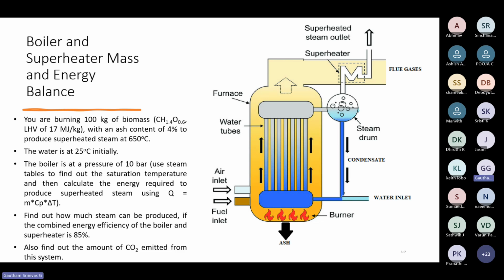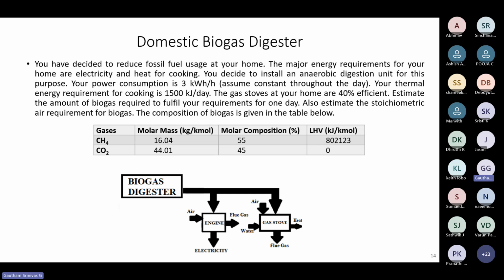We'll do this one. So you have decided to reduce fossil fuel usage at your home. You need electricity for your home and heat. These are your major energy requirements. So you decide to install an anaerobic digestion unit for this purpose. Your power consumption is 3 kilowatt, which you assume constant throughout the day.